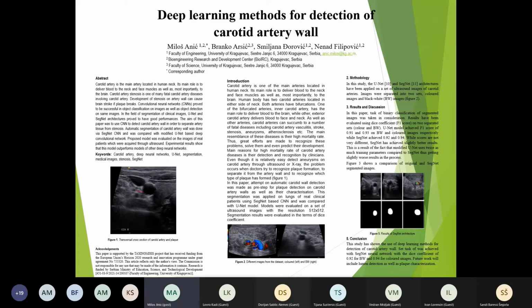This colored set is already easier to detect than the black and white set, because the black and white set does not have anything that could indicate where the lumen or the wall is, unlike the colored set, which has two yellow circles, which were extracted on the ultrasound machine.